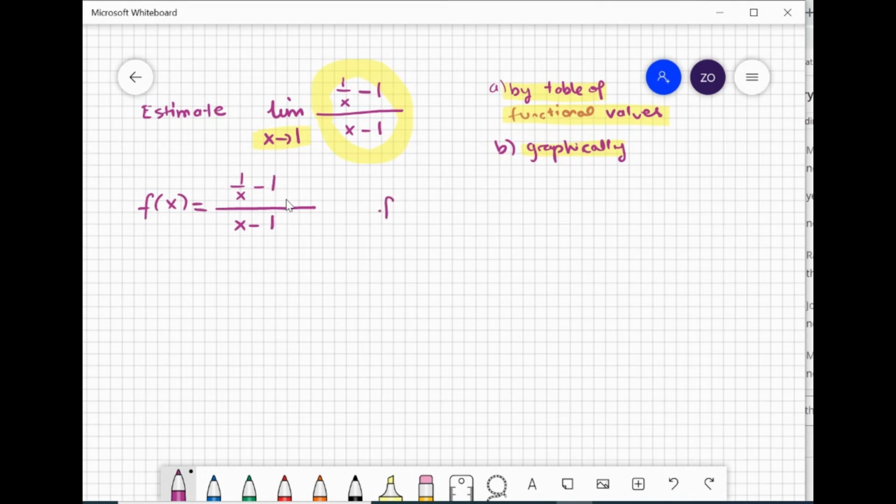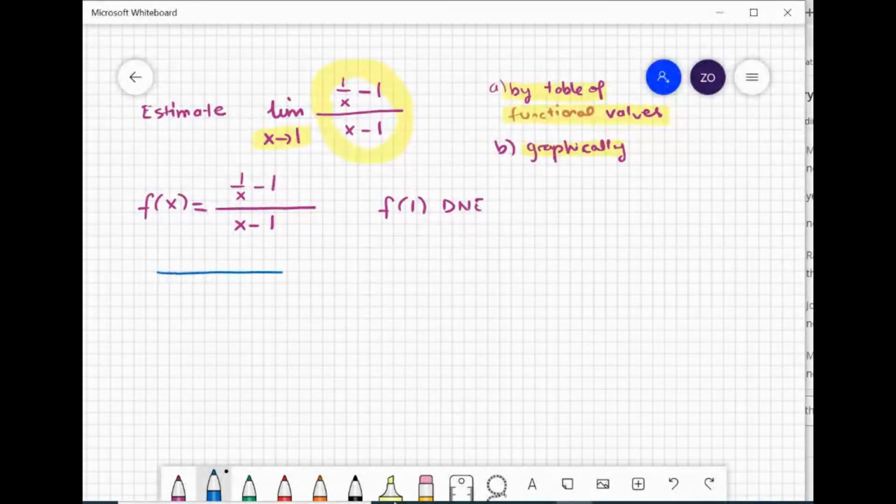Okay, so you say that f of 1 does not exist. Why? Because there is x minus 1 in the denominator, right? I believe this is your reasoning. So the domain of this function does not include 1. f of 1 does not exist, but we can still talk about how this function behaves, what the values near 1 are, okay?